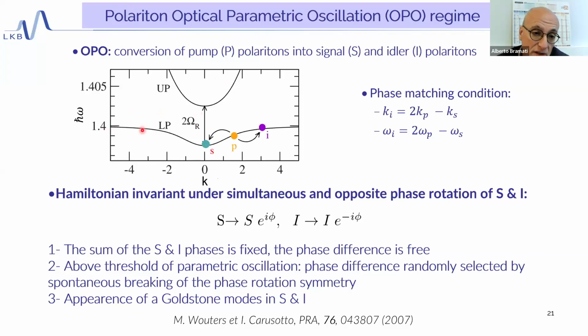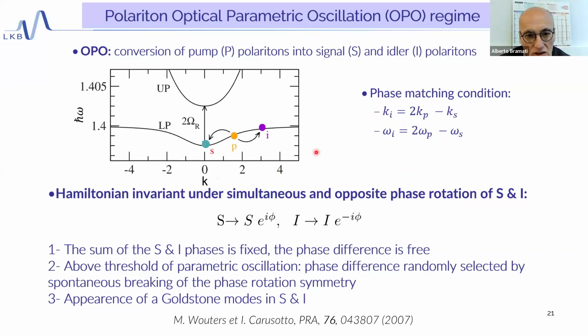For this, we exploit the fact that the lower polariton branch has a specific shape, and when the system is pumped at this specific point, which in the polariton community is called the magic angle, we can generate by four-wave mixing two polariton modes, the signal and the idler, conserving the phase matching conditions, so the momentum and the energy.